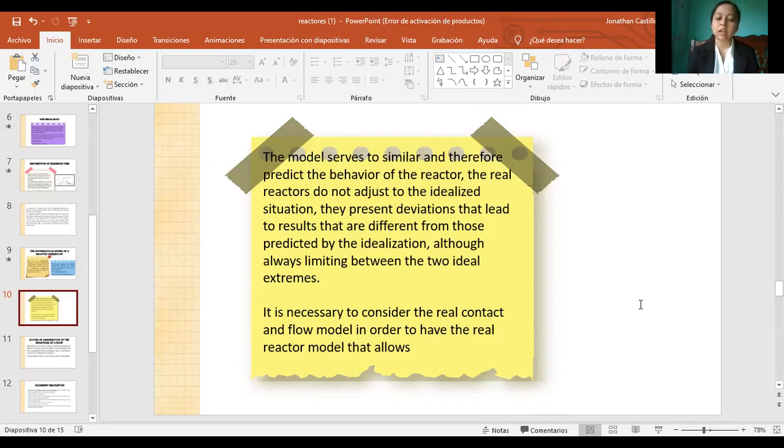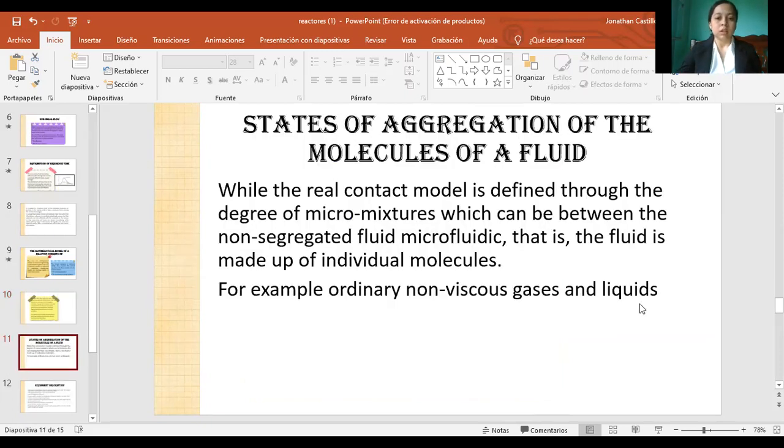It's necessary to consider the real contact and flow model in order to have the real reactor model, together with the state of aggregation of the molecules of fluids.